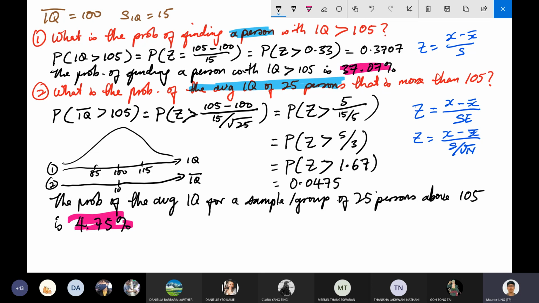The mean is still the same, 100, but the standard deviation is different already. The standard deviation is 3, so it's 103 here and 97 here. Okay, the two axes are different.